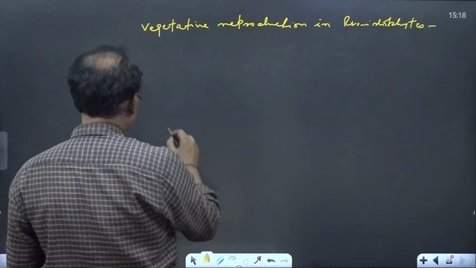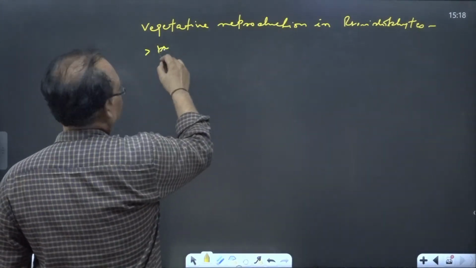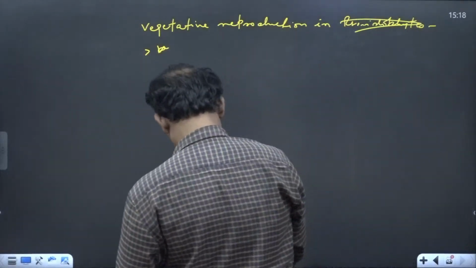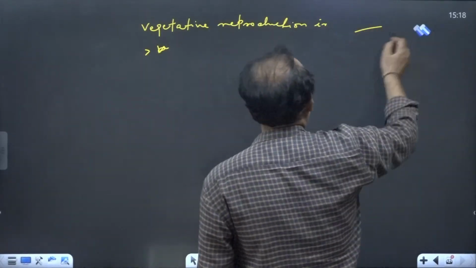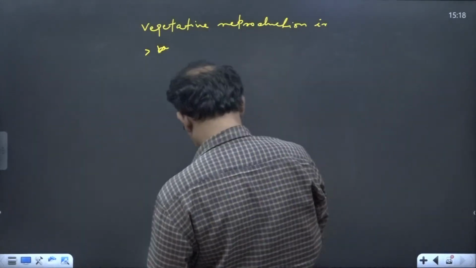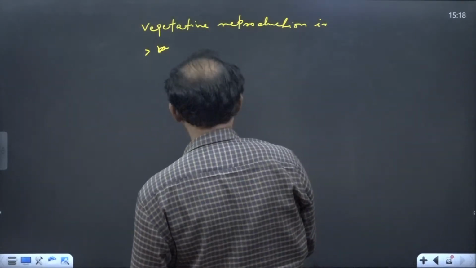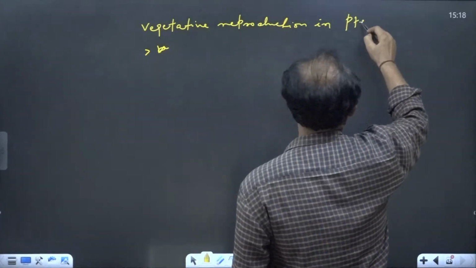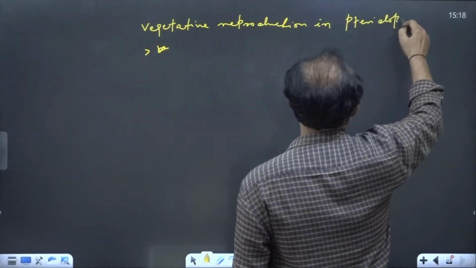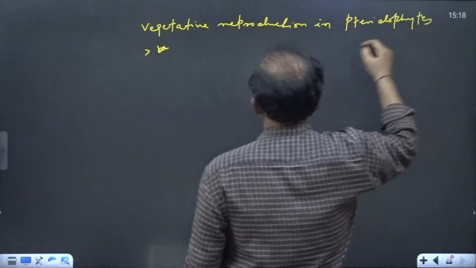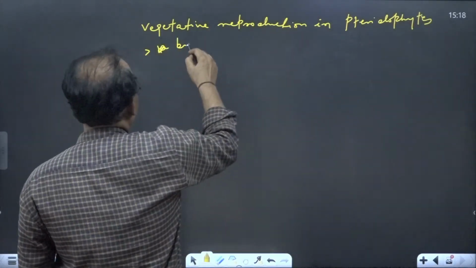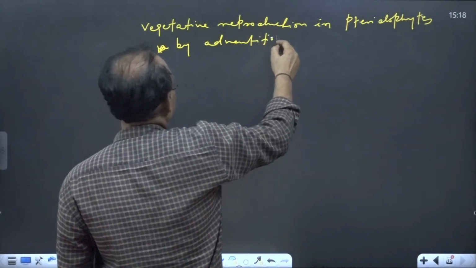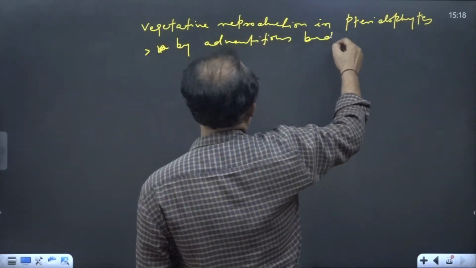Write about vegetative reproduction in pteridophytes by adventitious bud formation.